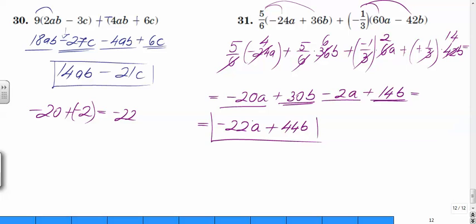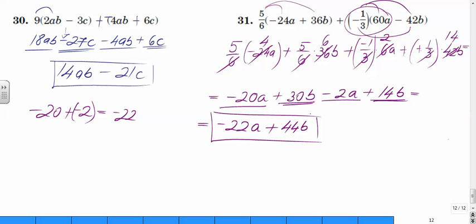And we are done with this problem too. Okay, so pay attention to the signs. Pay attention when you multiply a negative by a negative or by a positive, especially when you have them in parentheses. You see as here, this product will be negative, but this negative 1/3 times negative 42b will give you a positive. Just pay attention and you will be fine, and follow the rules.